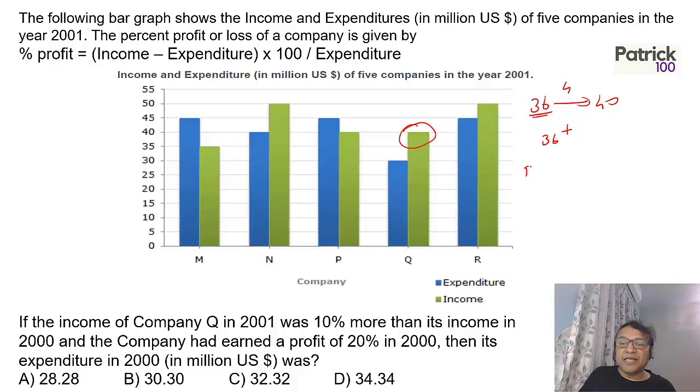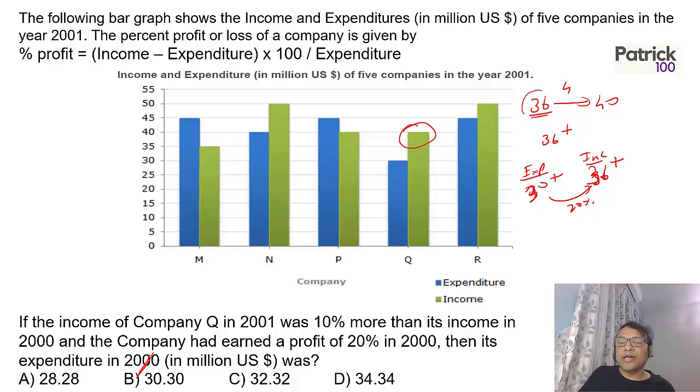So if the expenditure was 30 and income was 36, I would get 20% profit because 6 out of 30 is 20%. But this is more than 36, so this will be more than 30, and from the options you can make out the answer will be B option, the only option which is slightly more than 30.